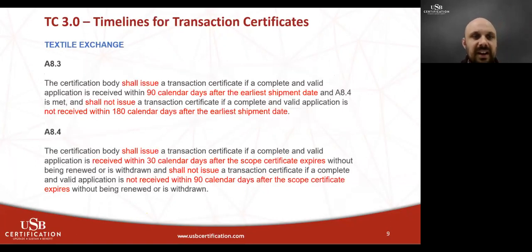So if you look at the timelines for transaction certificates, Textile Exchange actually diverges from the previous practice. The previous practice was that if the earliest shipment date in a transaction certificate was older than 90 calendar days, then up to 180 calendar days, which was about 6 months, we as certification bodies were accepting them with a risk analysis.